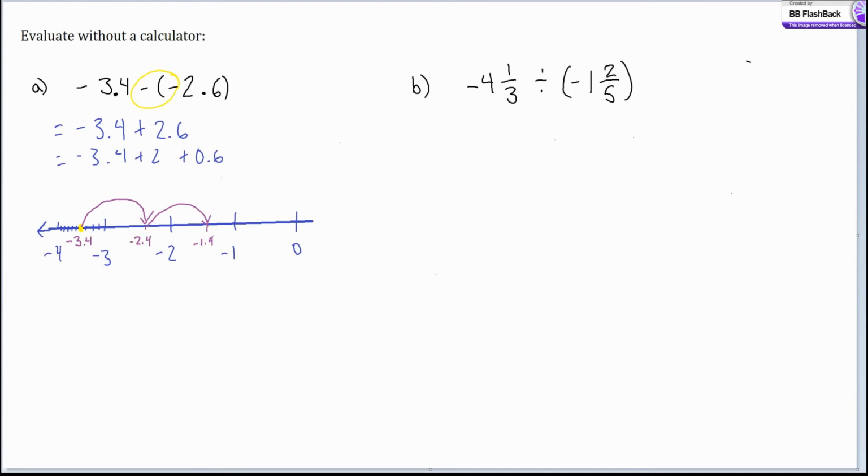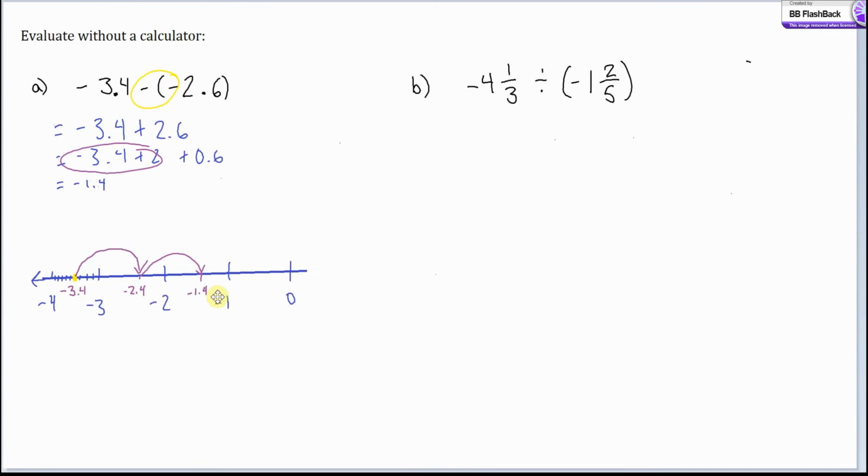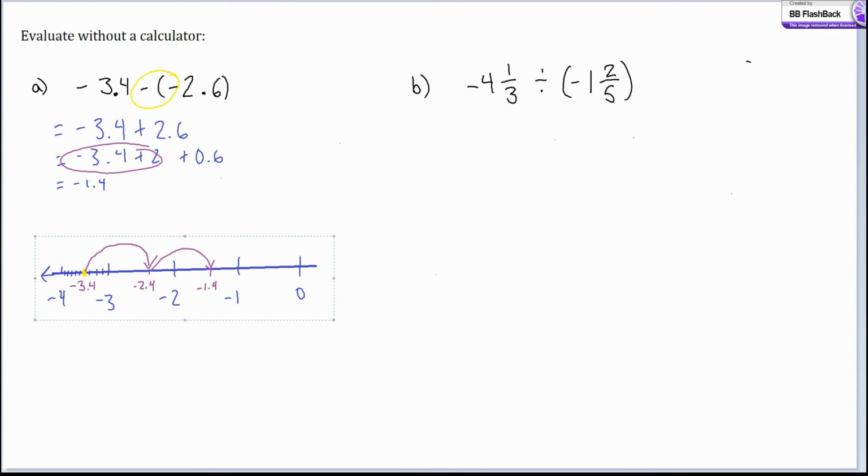Okay, so we did this step. And we're kind of running out of space here, so let's just slide this down. Great.